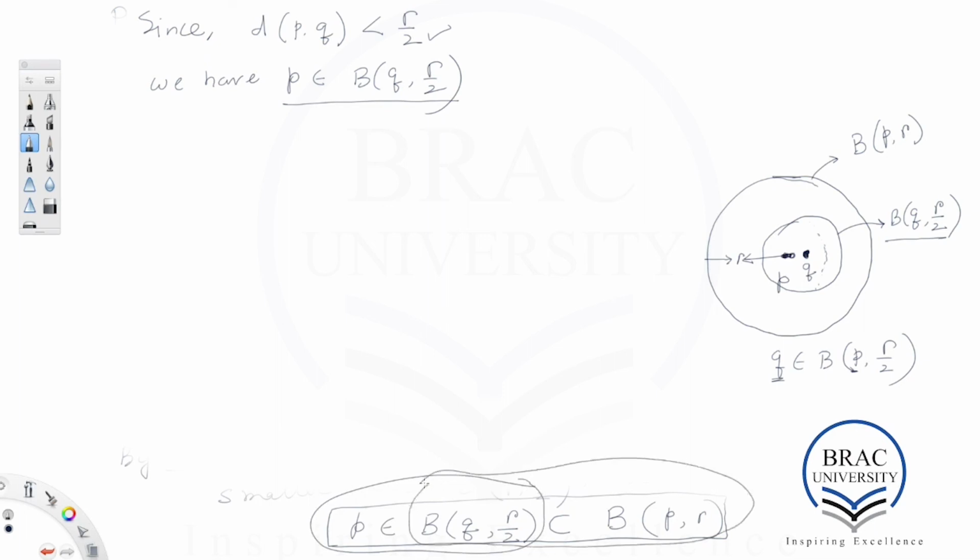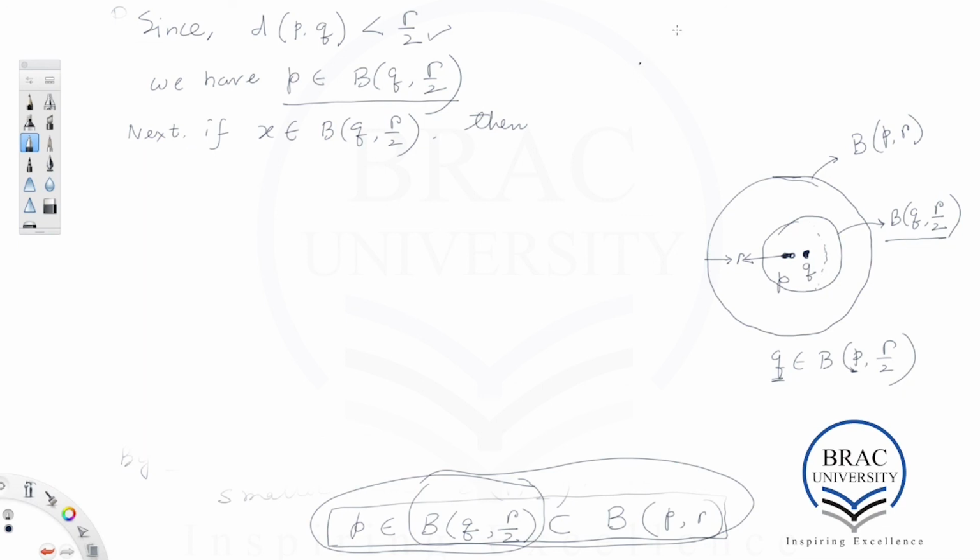In order to do that, next choose X to be in this ball B(Q, R over 2). Then there is something called the triangle inequality, which is one of the properties of a metric. If you are not familiar with the study of metric spaces, just think about it this way.